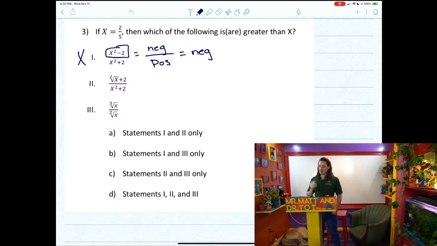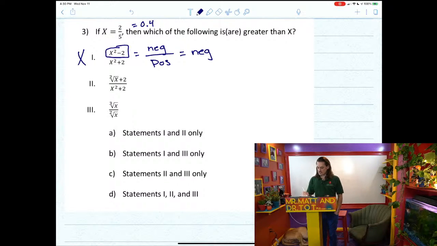Statement 2, we have to actually test because it's not clear that it's going to go negative because they're just adding 2 in the numerator and denominator. So we'd have to actually test 2 and 3 out. So I'm going to evaluate 2/5 as 0.4. If you take 2 divided by 5, that will give you 0.4.